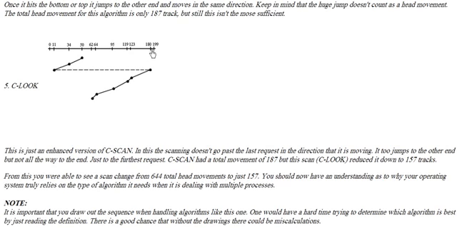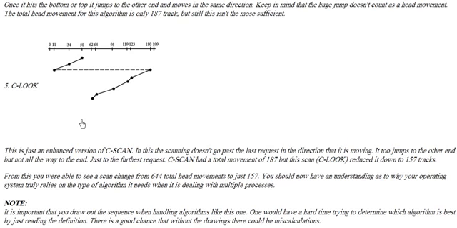Instead of going to 199, we have 180. So we have 19 from this side, and we have 11 from this side, so we got about 30. If we subtract 30 from 187, we're going to have 157 tracks. So this is much better than the previous one, the C-scan. So C-LOOK is the best.